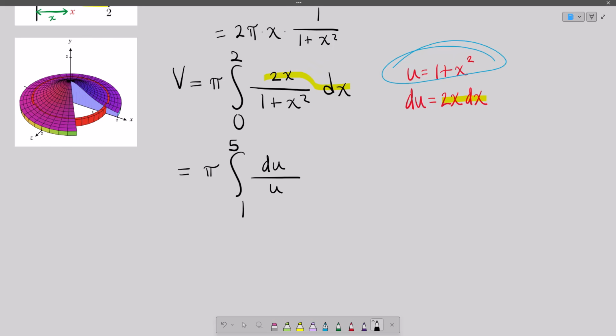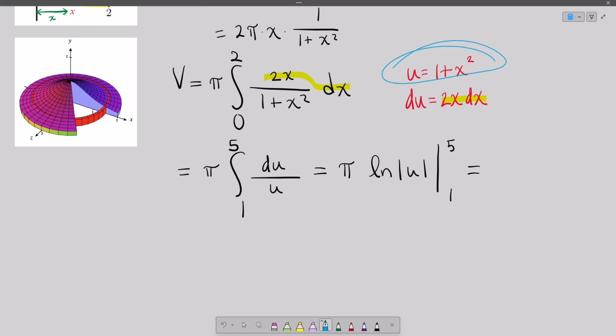That is a recognizable integral. You learned that in Calc 1. That is natural log of absolute value of x, in this case u, from 1 to 5. Don't really need the absolute values here because the 1 and the 5 are both positive. Is the lower limit going to give us any volume?